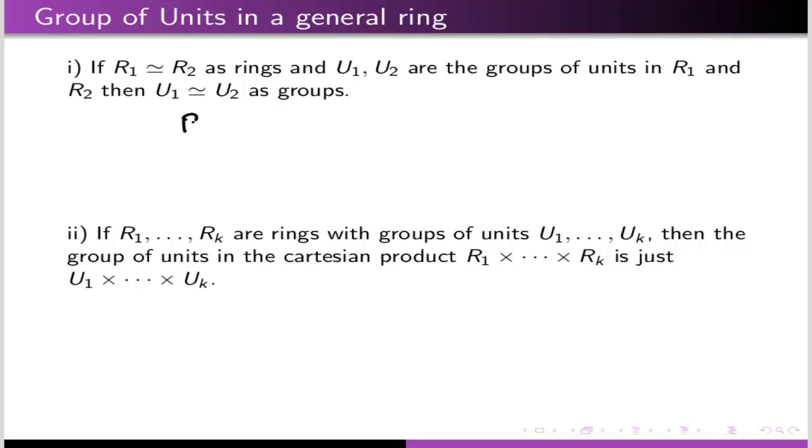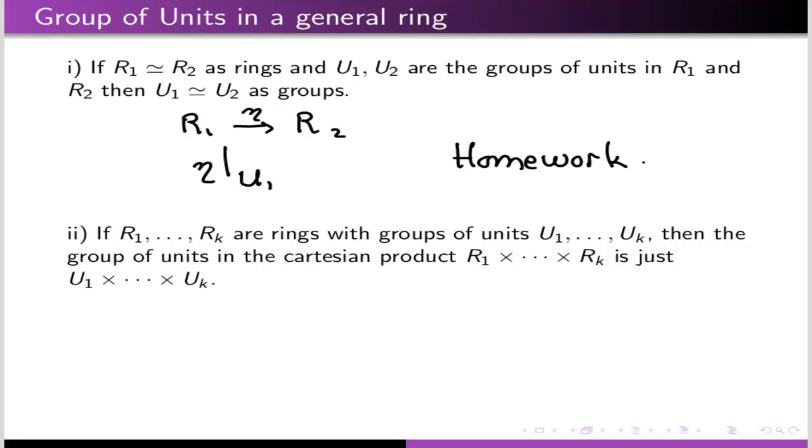And the whole idea is you've got this isomorphism, say eta, between these two rings, and then all you do is you take that mapping and you restrict it to the group U1. And I claim that this gives us the isomorphism between U1 and U2. So that's a homework problem.